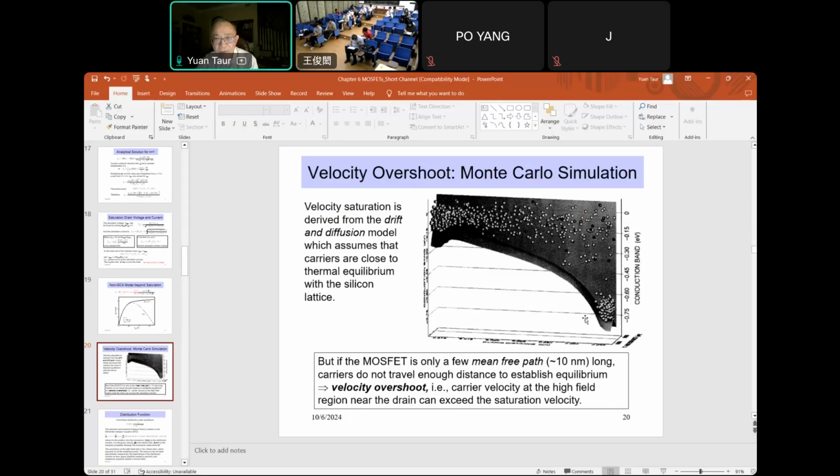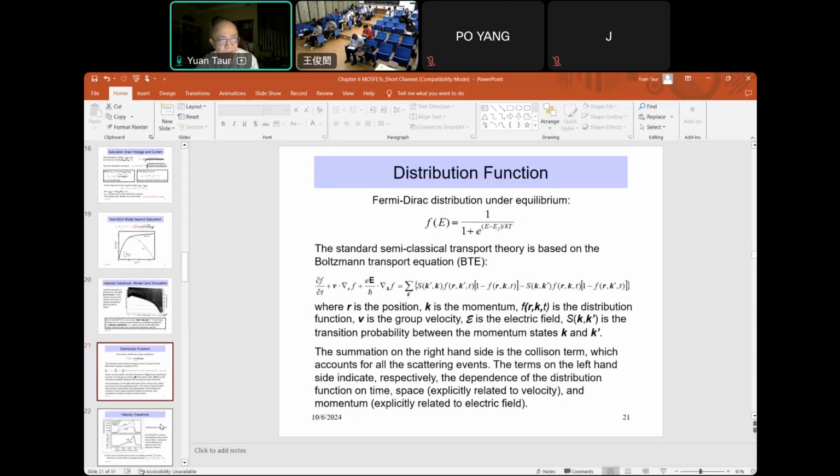to apply the drift diffusion model. In that case, we have to solve the so-called Boltzmann transport equation, which is a very mathematical, tedious solution of a partial differential equation to solve for the distribution function. The only distribution function we know under equilibrium is the Fermi-Dirac.